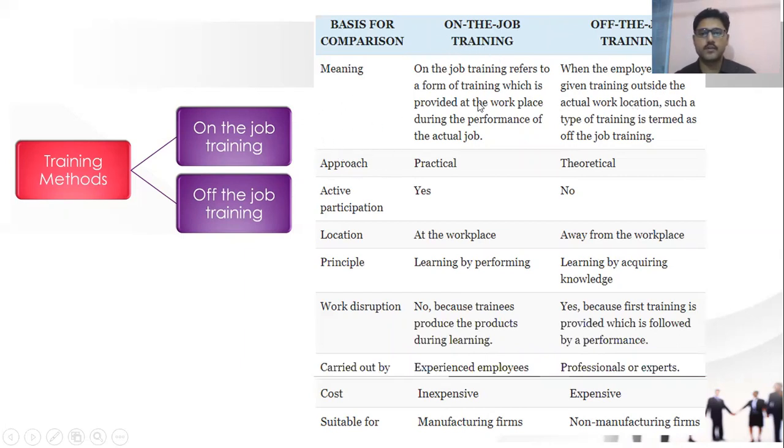For on-the-job training, the approach would be practical, and for off-the-job training, generally a theoretical approach is adopted. Active participation is there for on-the-job training. For off-the-job training, generally active participation doesn't happen.